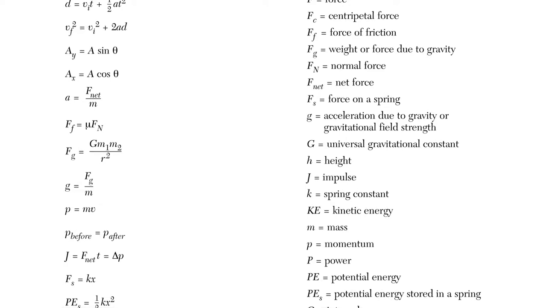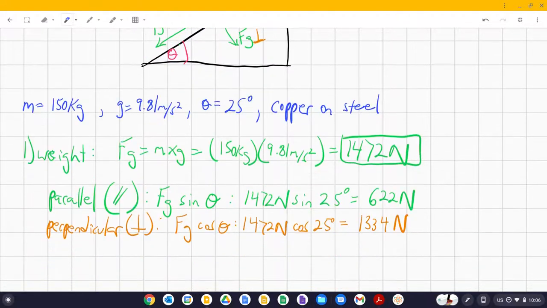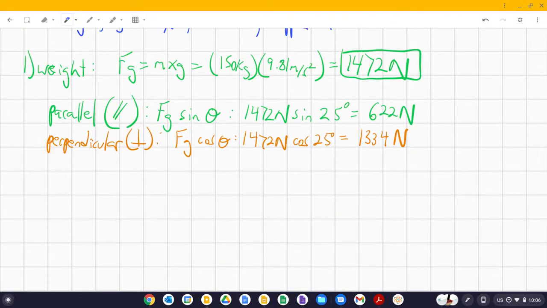So while we're here, why don't we write down the friction equation. So step 2. We got the weight taken care of. Now we can finally calculate the friction, and then we can figure out what's going on in this situation. So the equation for friction is coefficient of friction times normal force.